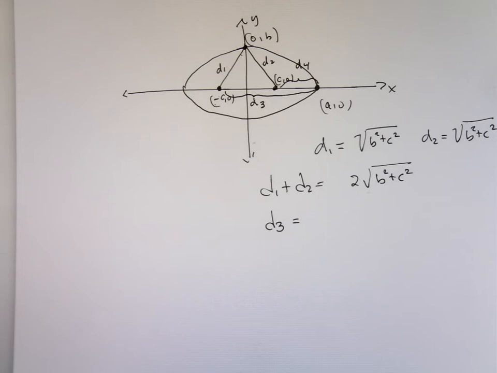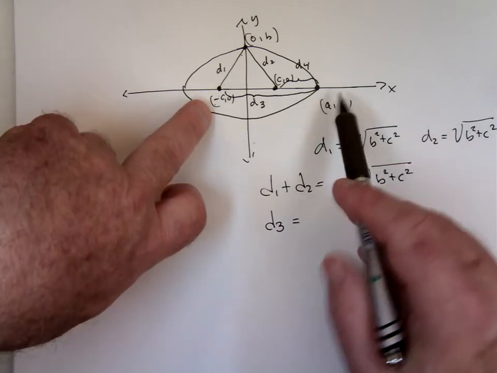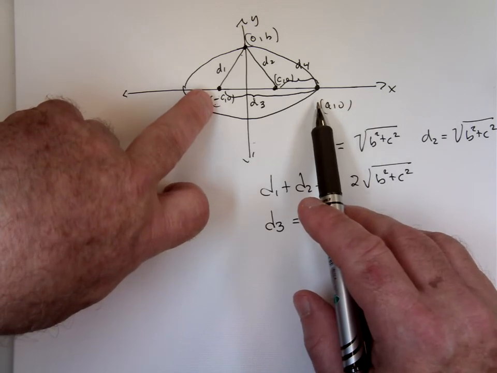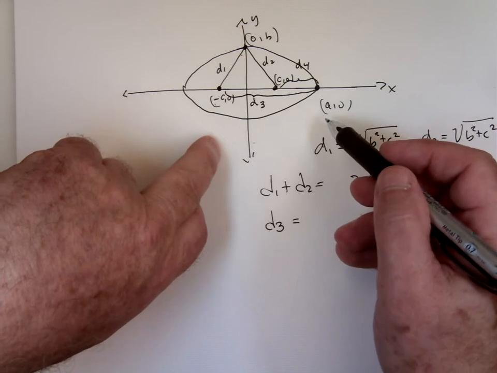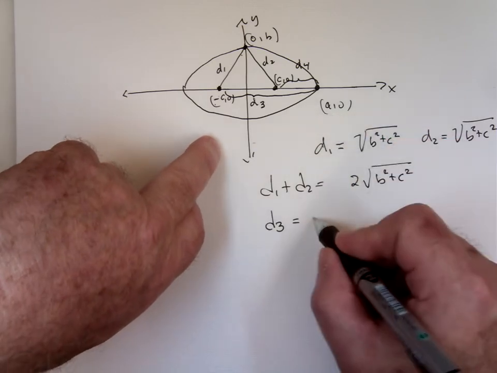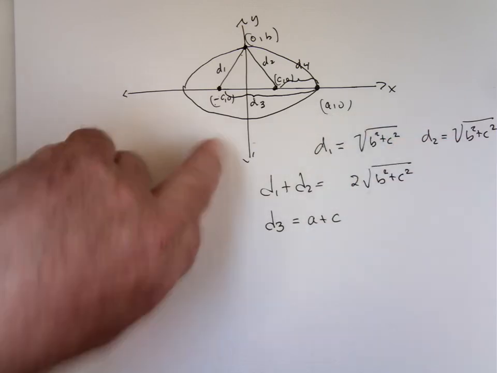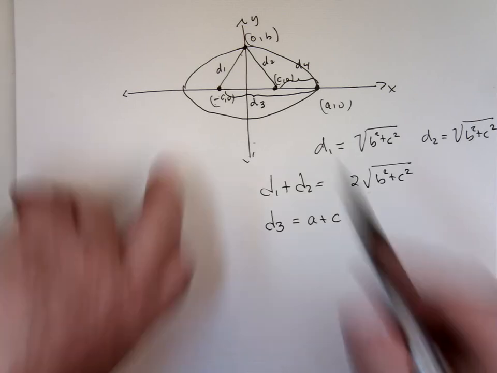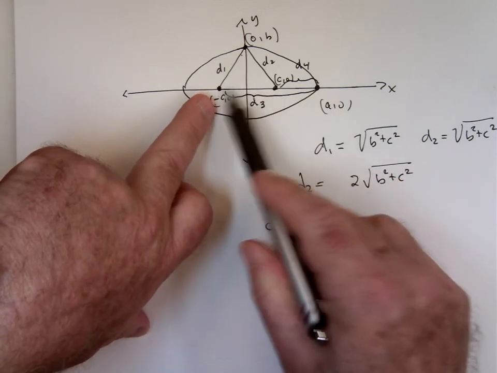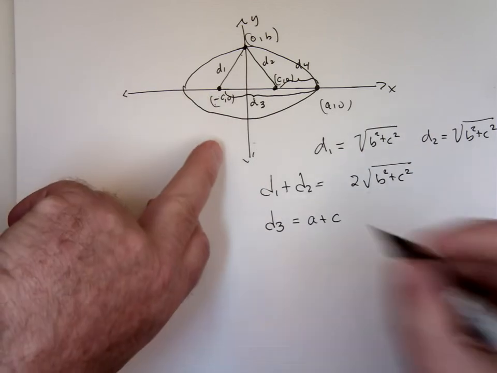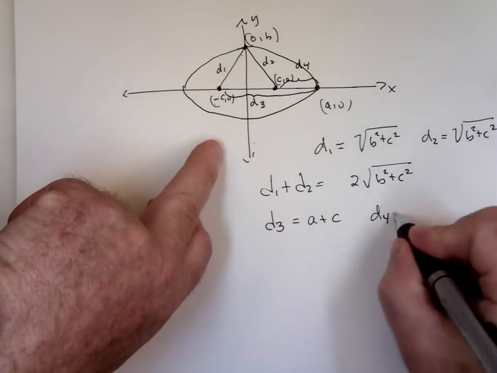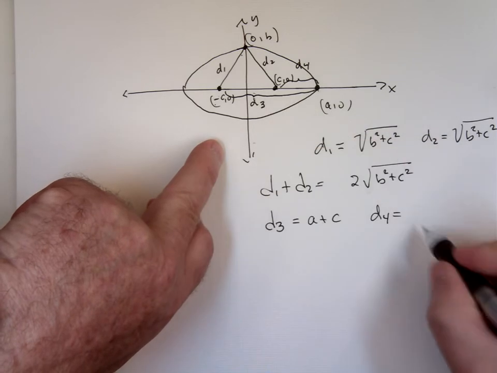A plus C. This distance is A plus this distance C. And what's D4 equal to? A minus C. Exactly right.